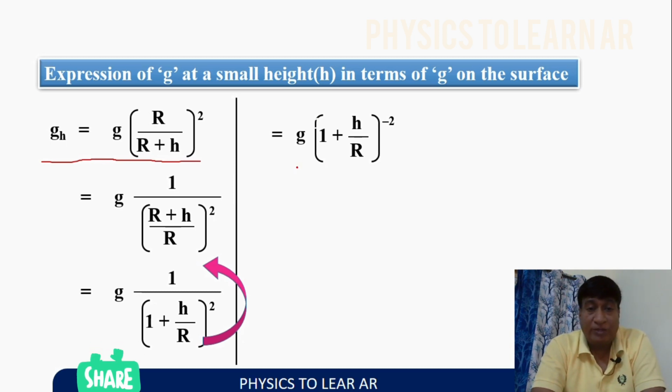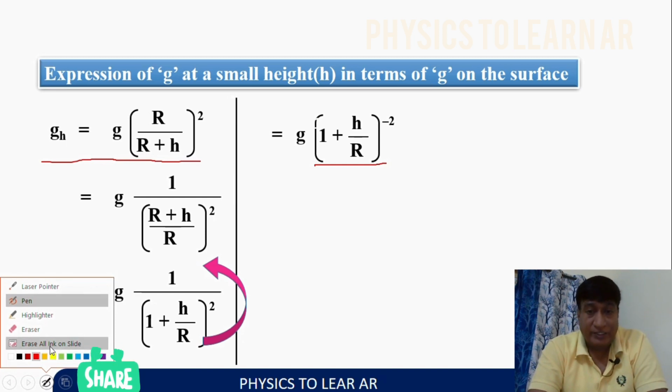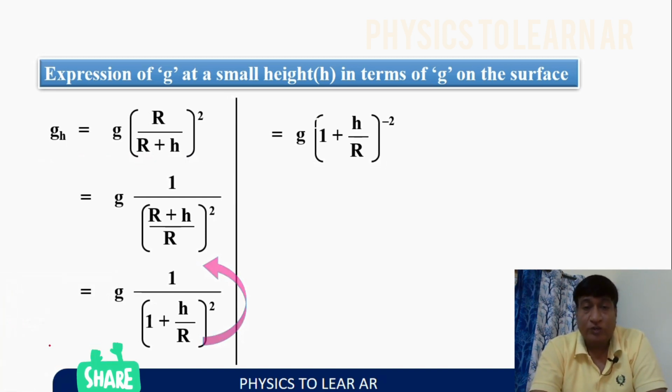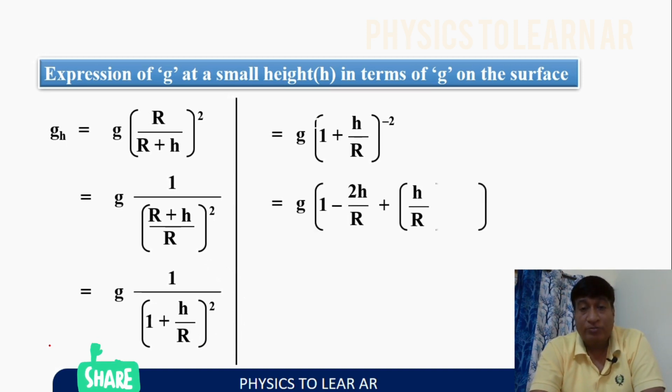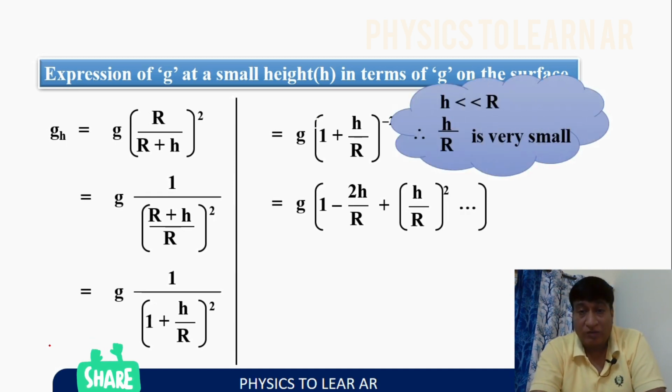This will be in the form of the binomial theorem, which is (1 plus x) to the power of n. Using the binomial theorem, (1 plus x) to the power of n is nothing but 1 plus nx. So by using that, finally I can get 1 minus 2h by R plus (h by R) whole square and so on.